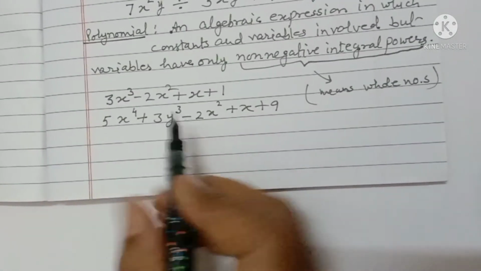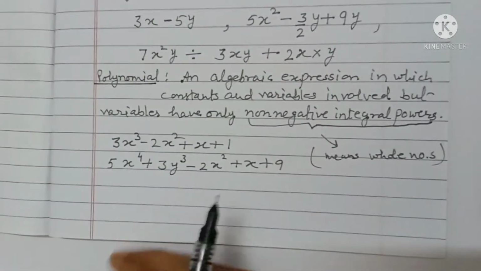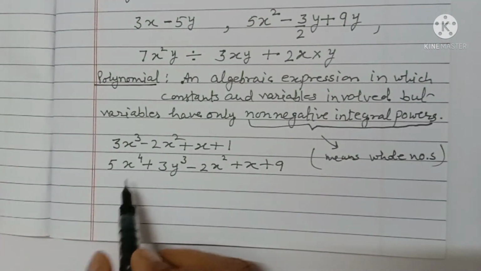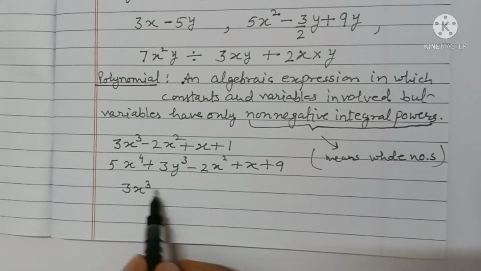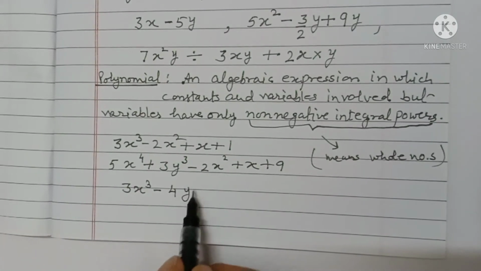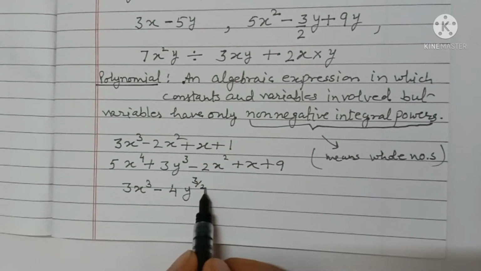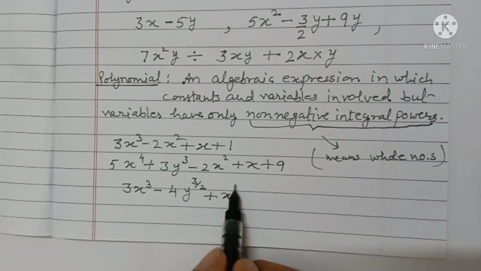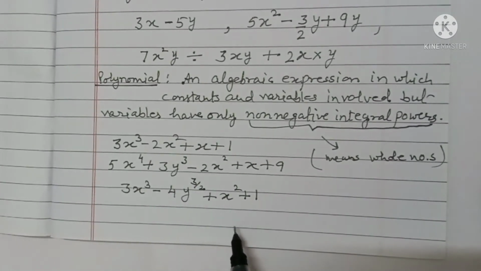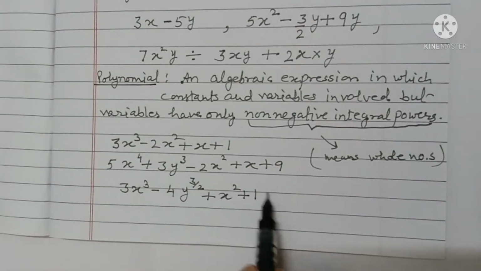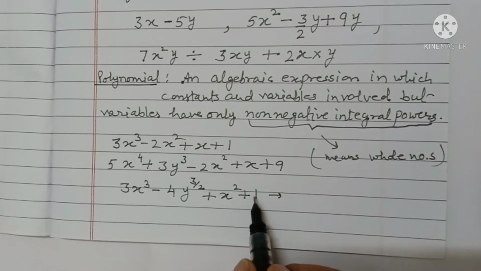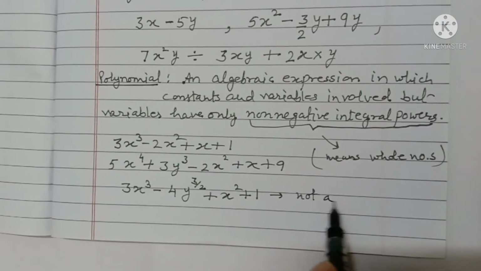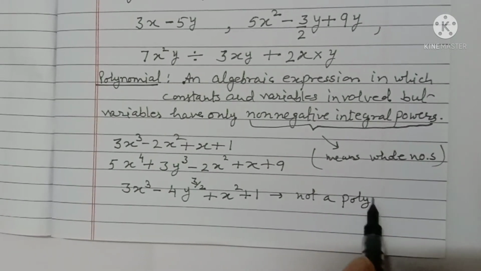Now take another example which is not a polynomial: 3x cube minus 4y to the power of 3 by 2 plus x square plus 1. Is this a polynomial? No, this is not a polynomial.